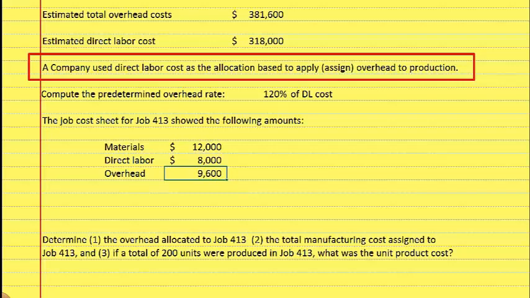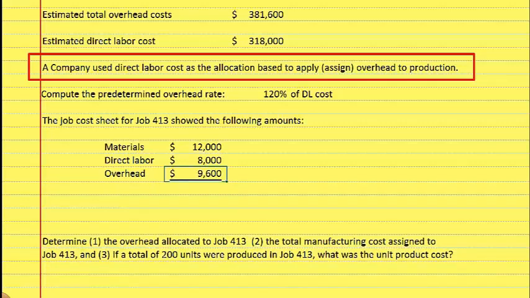And the overhead allocated to job number 413 is $9,600. So number 2, the total manufacturing cost is just the sum of materials, direct labor, and overhead. So there's the total manufacturing cost assigned to job 413.